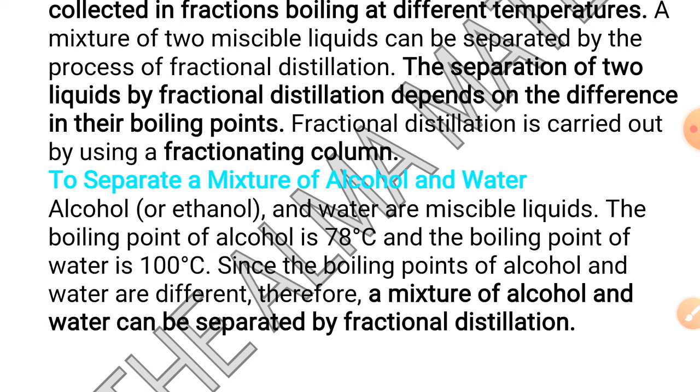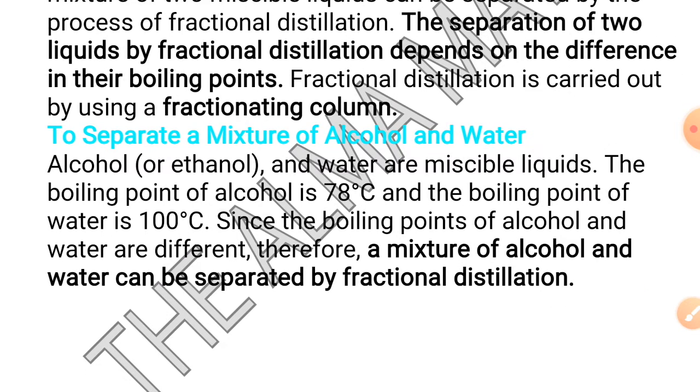Firstly, the boiling point of alcohol is 78 degrees Celsius, while the boiling point of water is 100 degrees Celsius. Okay, since the boiling point of alcohol and water are different, therefore the mixture will be separated by using this fractional distillation.